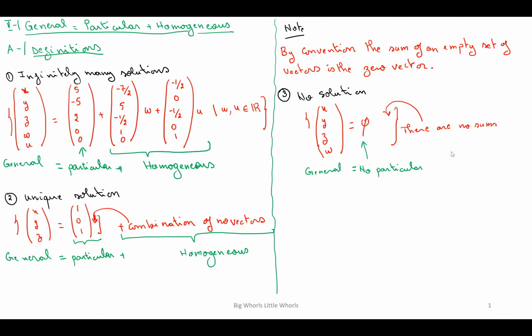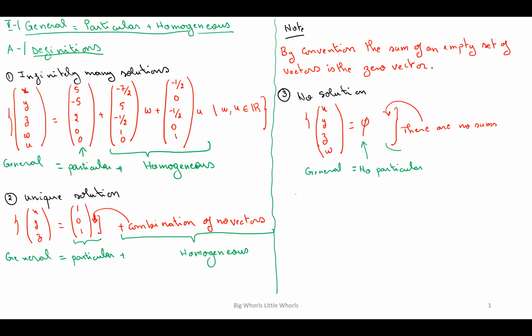So it makes sense, right? I know it sounds weird, but it is. Do you see the logic? Because there is no particular solution, therefore we have a plus no combination of no particular. So it should make sense.